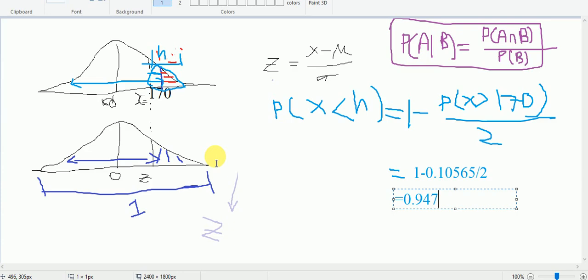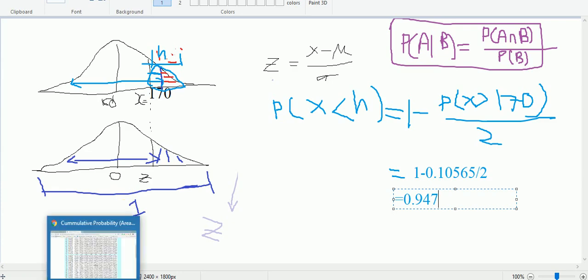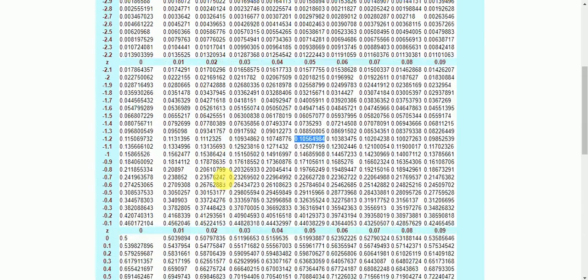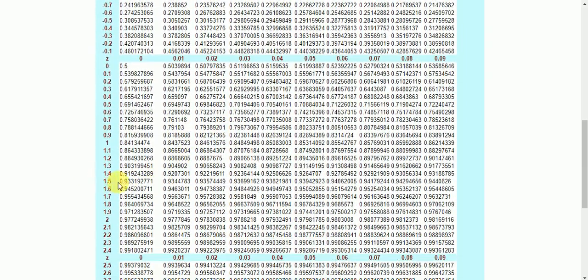So where do I find 0.94 in the table? Here, let me come here, 0.946, right? 0.946 or 947. Here 1.62 is the value where I find 0.947.